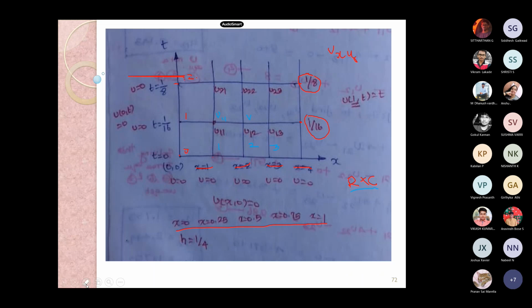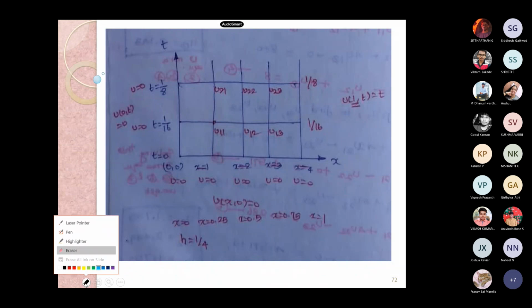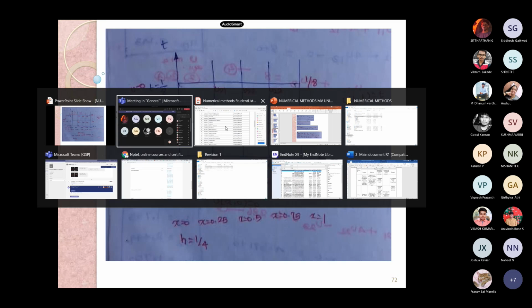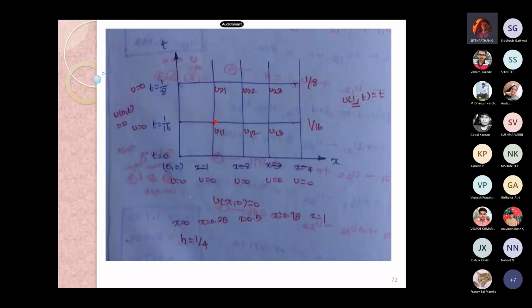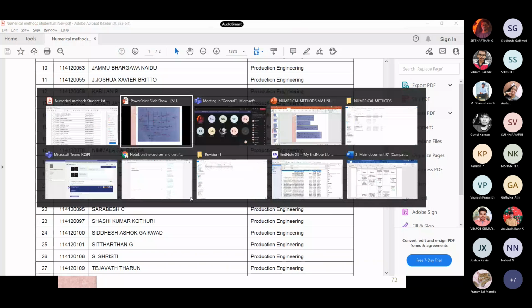Okay, now I am interested in finding this particular point. This is the point of interest. What is my equation? Nishant, just a minute, Siddharth.